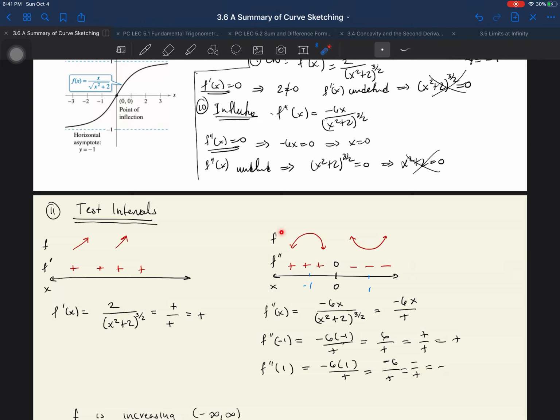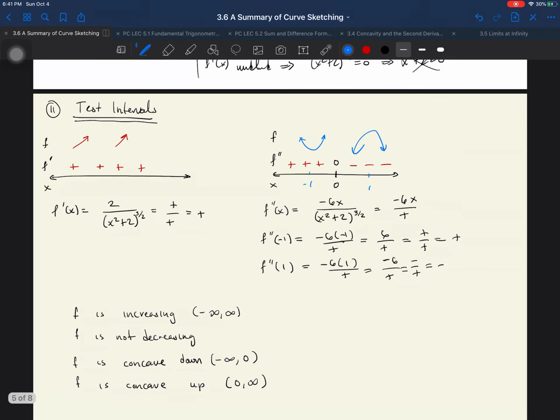So we know that the original function will be concave... Sorry, I think I missed here, let me fix this. This will be concave up, and this will be concave down. There you go. So we have that the function is going to be increasing.